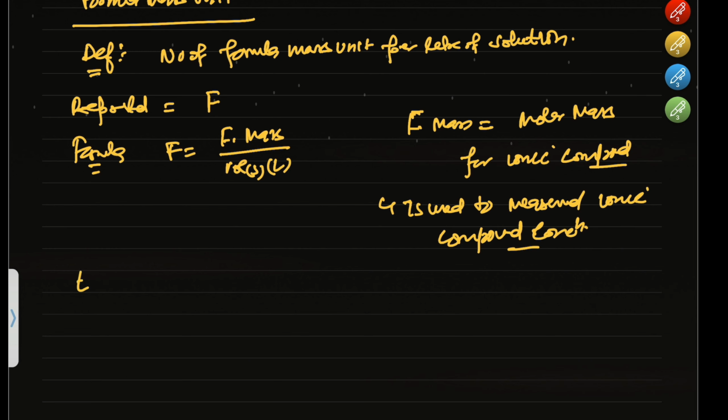What is the temperature dependency? The temperature effect is the same as molarity. Unit.